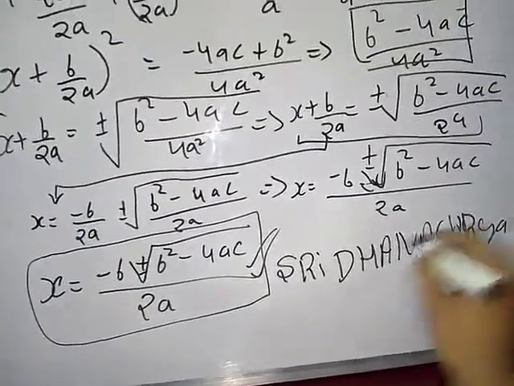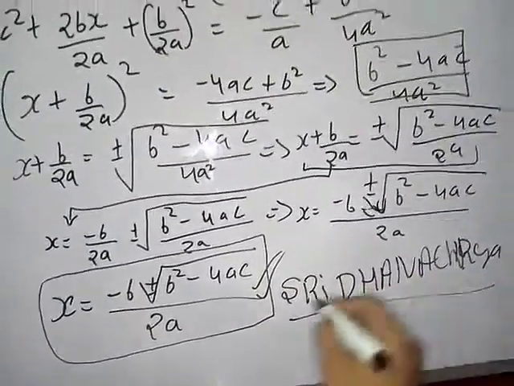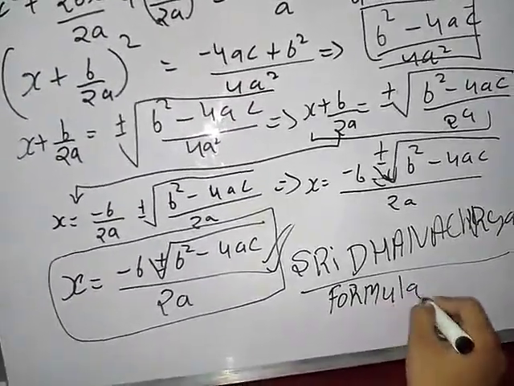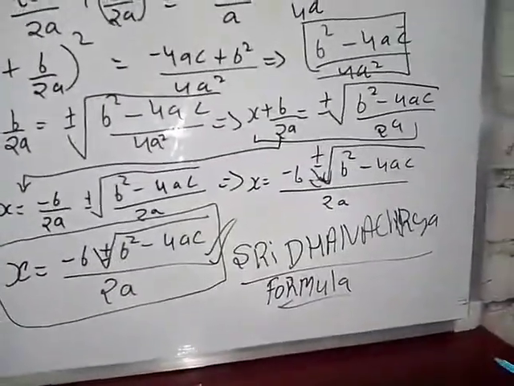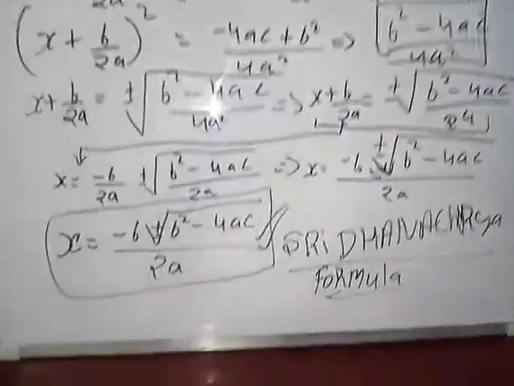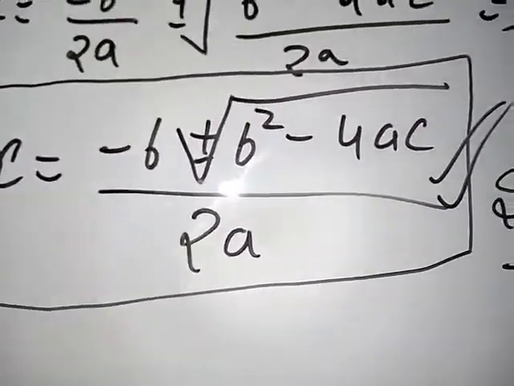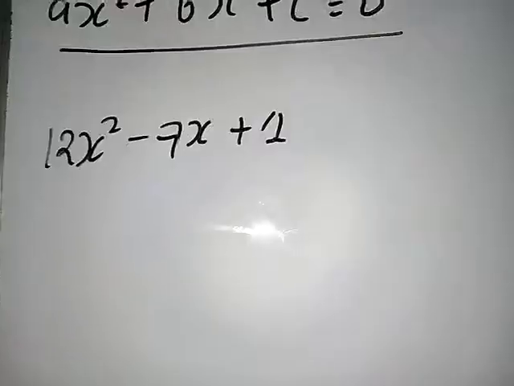So this is called the Sri Dhanacharya formula; it is given by him. So our resultant formula is this. So we are going to check it.